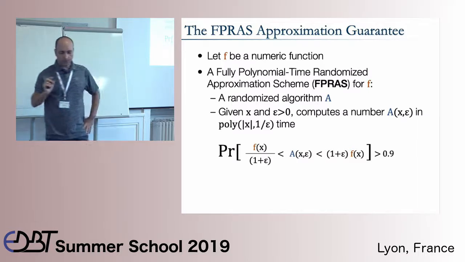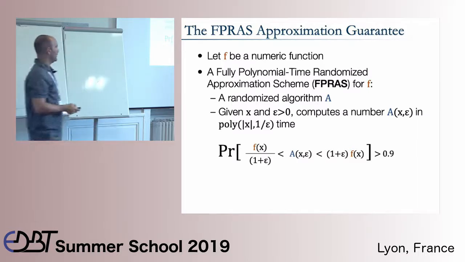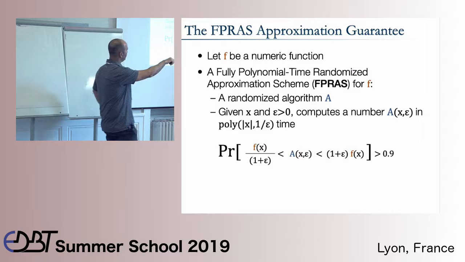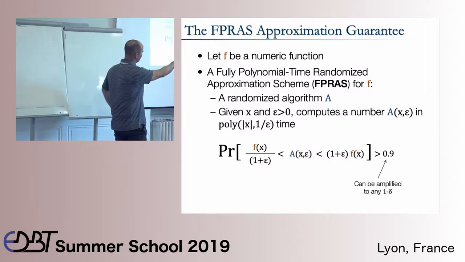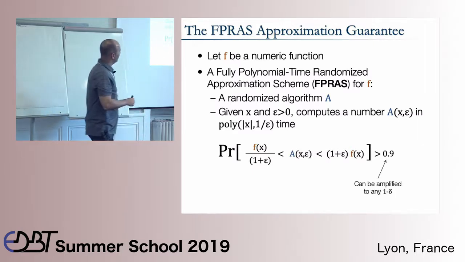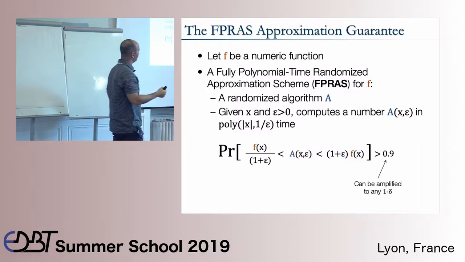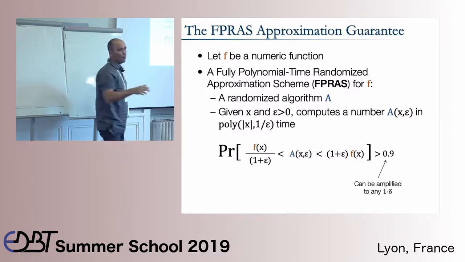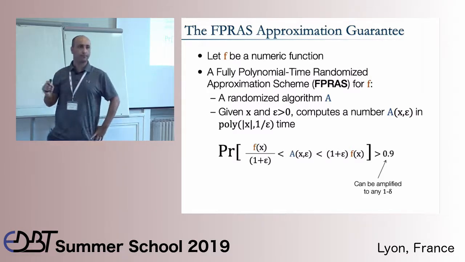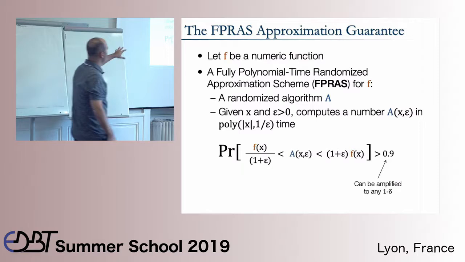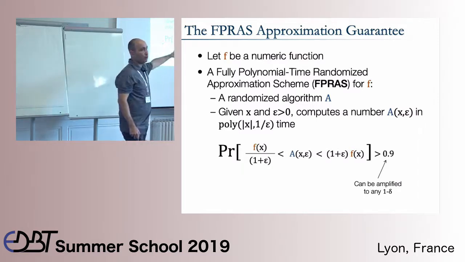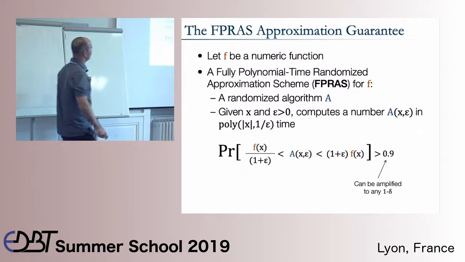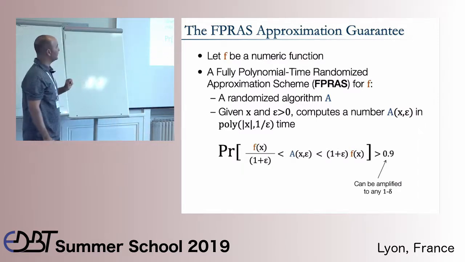And since this is a randomized algorithm, this should happen with some high probability. This 0.9 is just an arbitrary choice. It can be amplified to any 1 minus delta. All right, so this is the definition of, or one of the common definitions of, an efficient approximation algorithm.